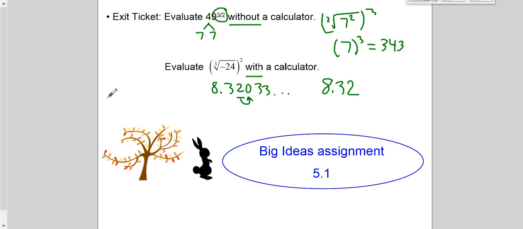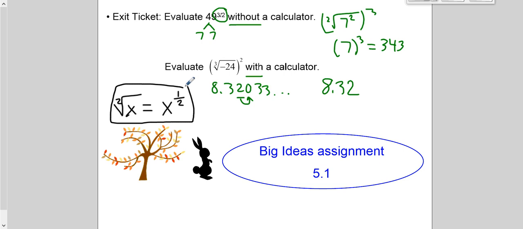And if you are having a hard time remembering that, just remember your typical square root of x is x to the 1/2 power. This was a square root. When there's no index, it's invisible too. So square root is x to the 1/2 power. That is a helpful piece of information.